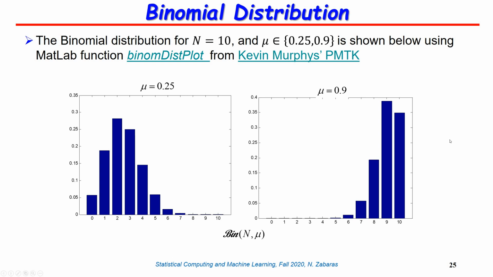So the different values of mu can be used to simulate these non-fair coins, and this may come in handy when we do trivial examples later on in the context of Bayesian inference.